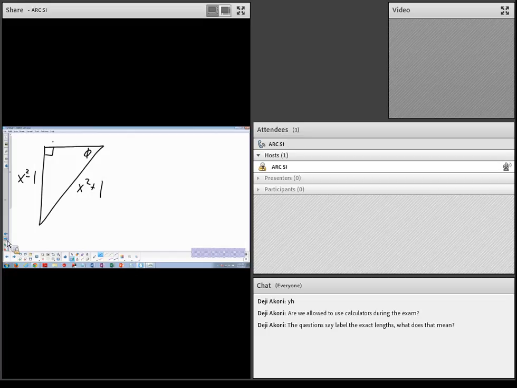X squared times x squared is x to the fourth, right? Yes. When you multiply, you add exponents. And you do the FOIL. Okay, minus. Oh, and then we only have to do the not the middle ones.